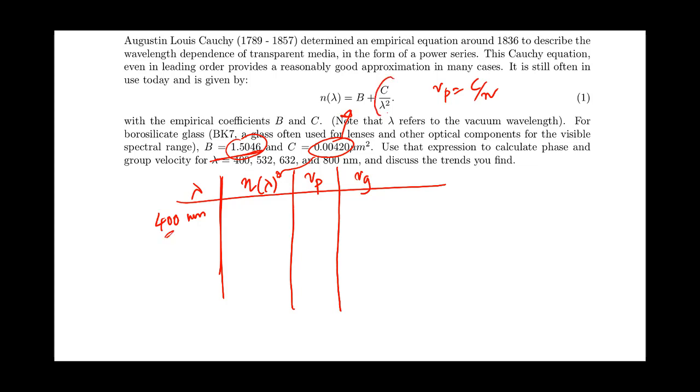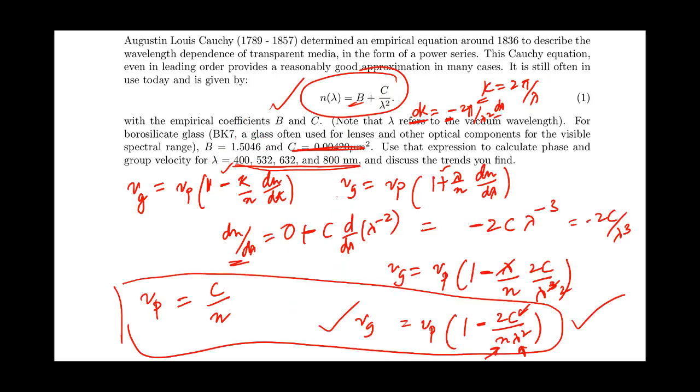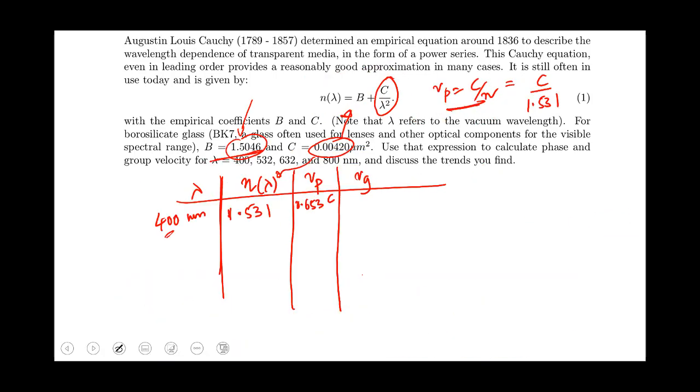So this term would add to 1.50, that is B, and give you a little more than that. So you would get 1.531. From there you can get the phase velocity, that would be C by 1.531, which gives you roughly 0.653 times C. And from here you can calculate the group velocity, that is this, and 0.632 C.